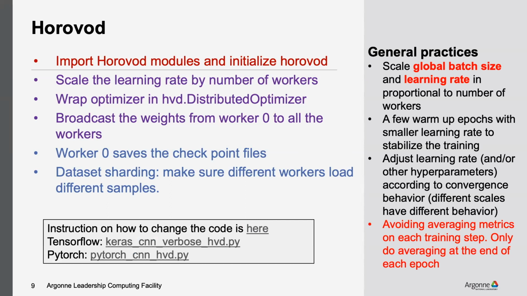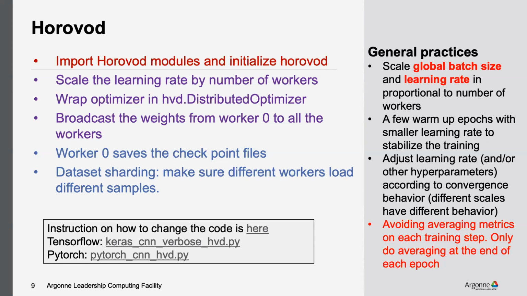When you do distributed training, you need to be careful about the global batch size and learning rate. So usually what I do is that first I just try to scale the global batch size and learning rate proportional to the number of workers. For the theoretical consideration behind that, you can check the talk that I gave at the Apex.